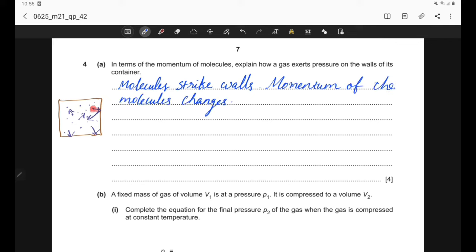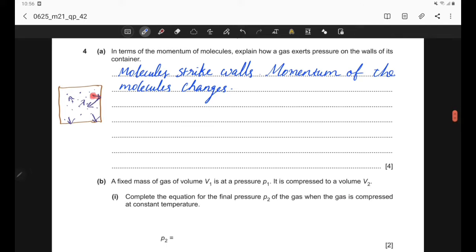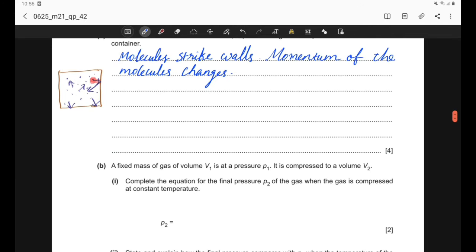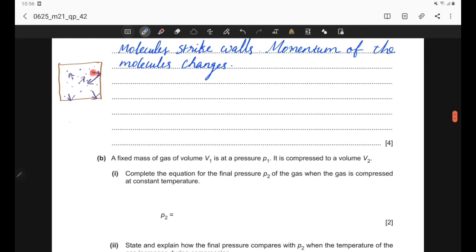Now as there is a change in momentum, we can conclude that there must be a force exerted on the wall by these molecules, as we know that force is rate of change of momentum, and now we realize that there is a change of momentum when a molecule strikes the wall, and it will take time for the collision.